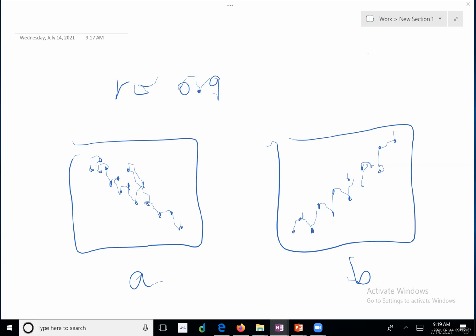Mazen, look at A. The graph is going down as you move from left to right, so that's a negative correlation. Okay, thank you everyone. So this one is the answer in this case. This is a negative correlation. This is a positive correlation.